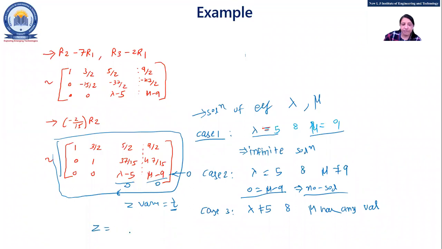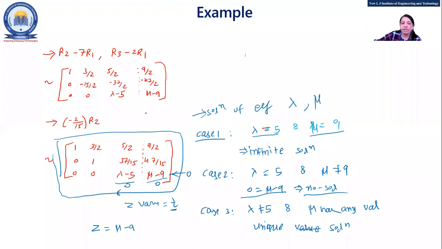So z equals mu minus 9 over 1, and mu has any value. That means it has a unique solution. Fine.